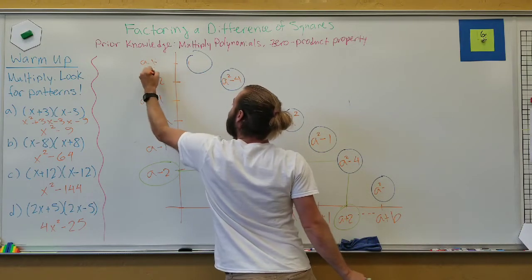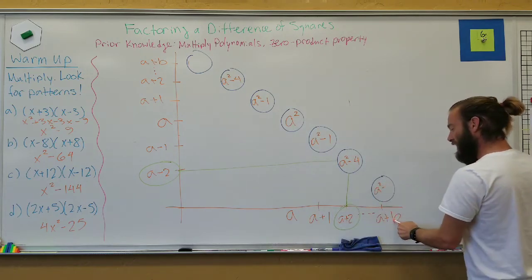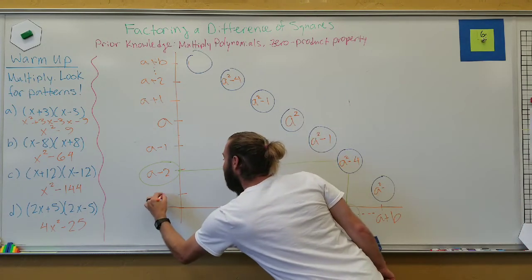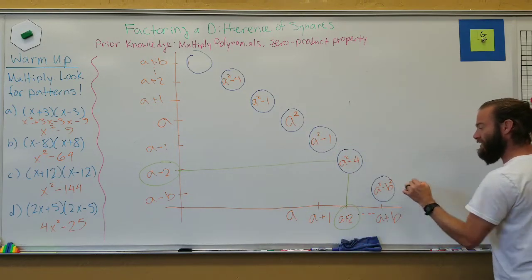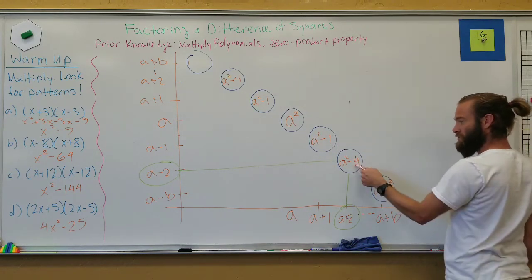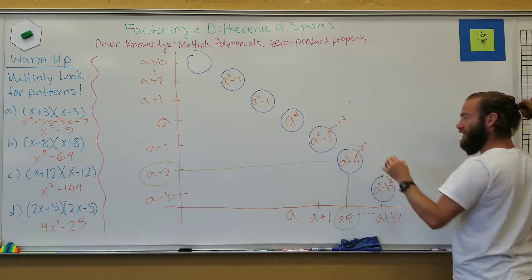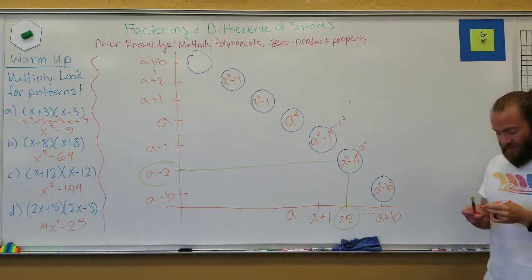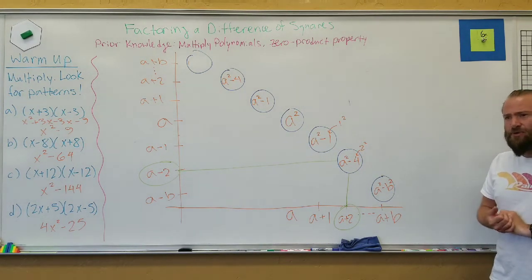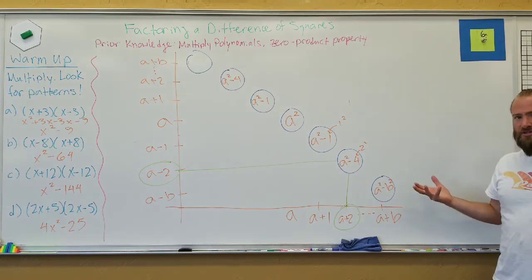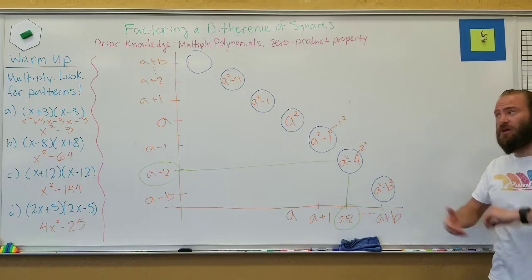We've gone up b. This is going to be a plus b, and here would be a minus b. So a plus b times a minus b gives me a squared minus b squared, because you'll notice 4 is 2 squared, 1 is 1 squared, and so this fits the same thing. So this is just another interesting pattern. Try to understand these ways that we've proven this just because it's a good thinking exercise. But the main thing you need to know is the actual pattern itself, and then we're going to jump into using it.